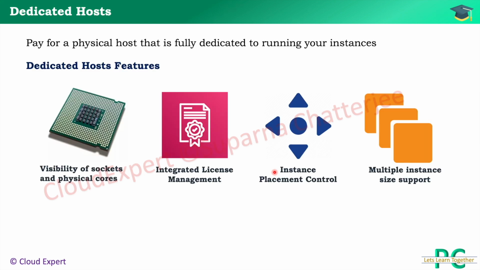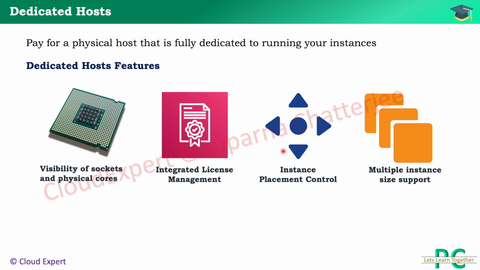In terms of Dedicated Host features, you have visibility of the number of sockets and physical cores that support your instances on a Dedicated Host. You can integrate with AWS License Manager, and you can easily track and manage your software licenses on EC2 Dedicated Host.